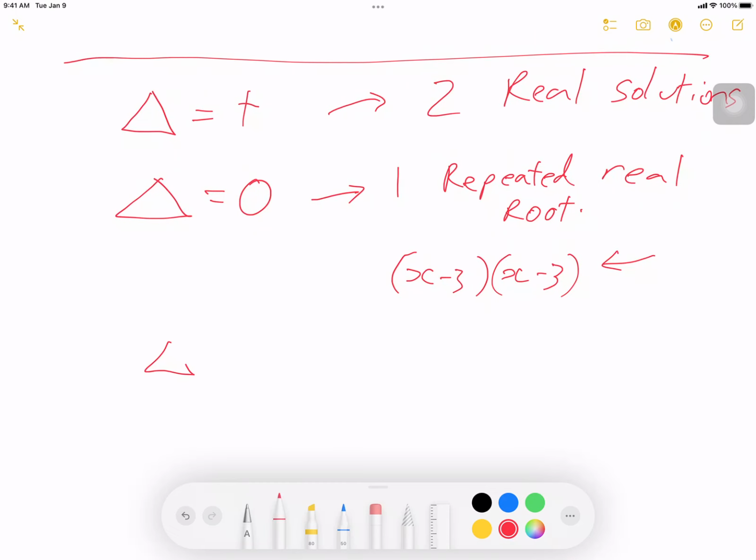And our final situation: if the discriminant is negative, then we're going to have 2 complex roots, which are conjugates.